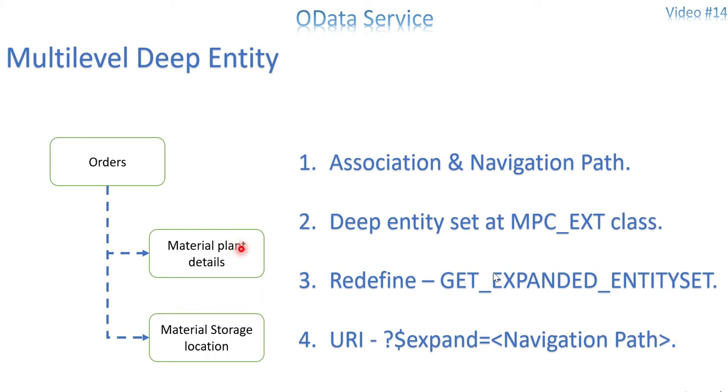If you want both first level deep entities, you have to use a comma and then the navigation path. Suppose this expand will get the information only for the plant. If you need storage, you can use a comma and the navigation path between orders and the material storage location deep entity. Okay, separated by comma.